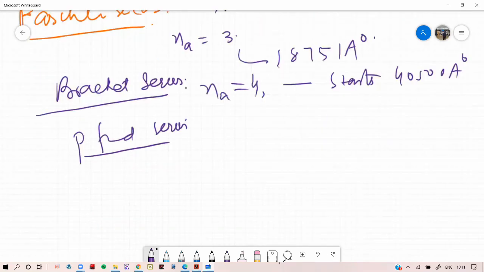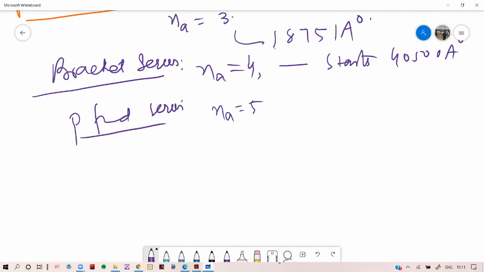For this, Na is equal to 5 at 74,000 angstrom. That work also showed these different series, as per Balmer's empirical relation, which he derived and put up there.